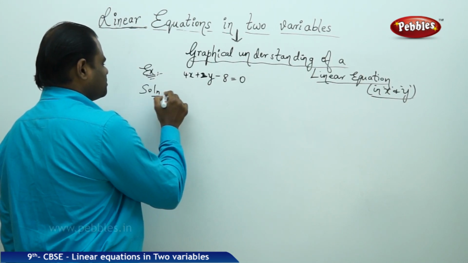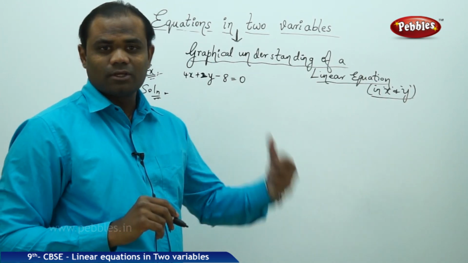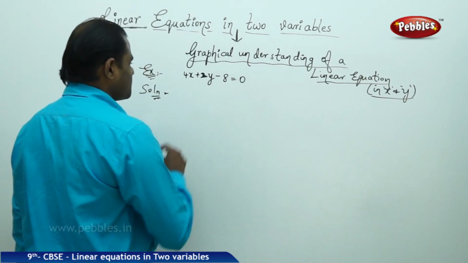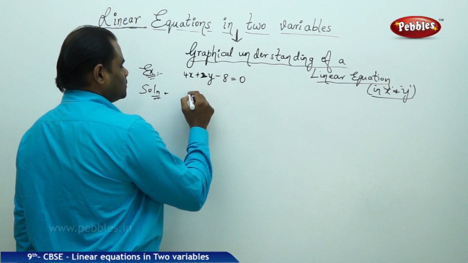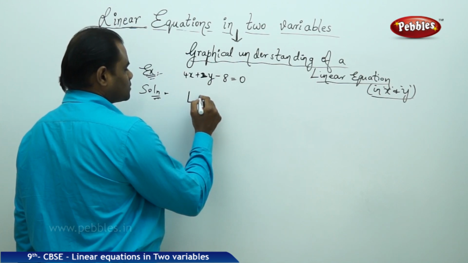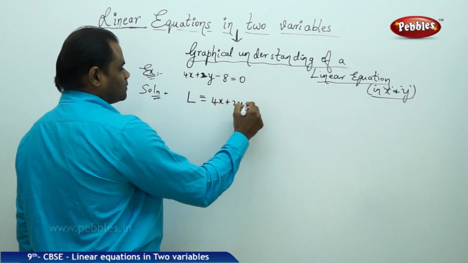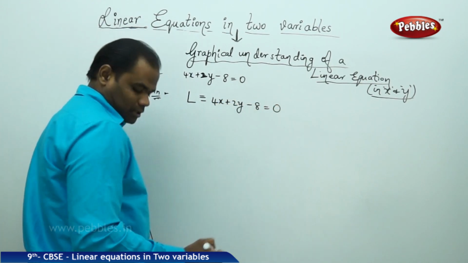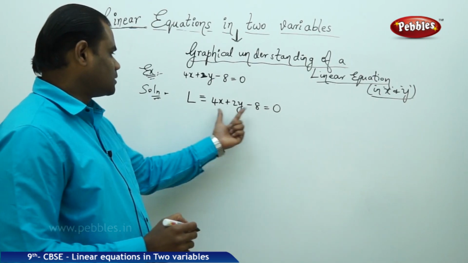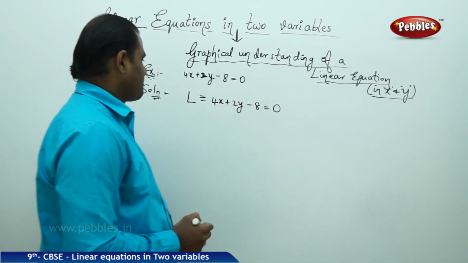So let me take this example problem to understand this equation in the graphical form. A linear equation is generally denoted by L, is how normally I represent a linear equation.